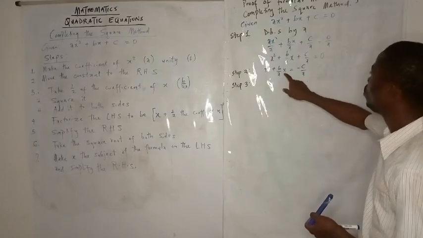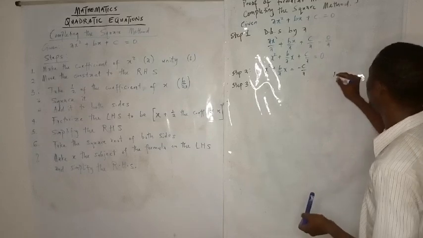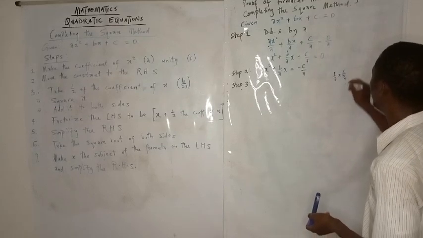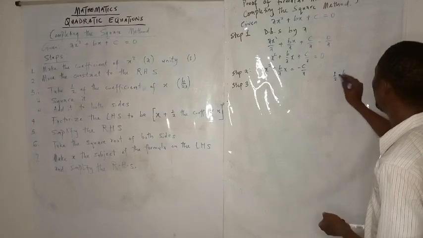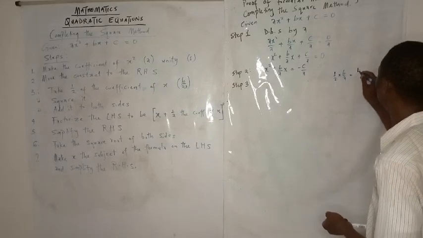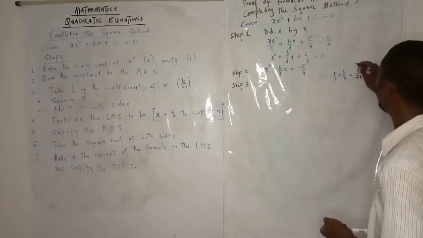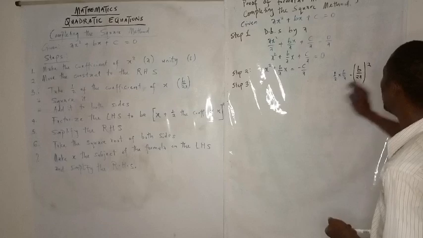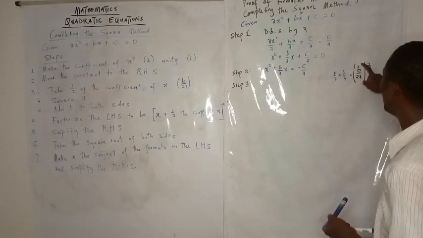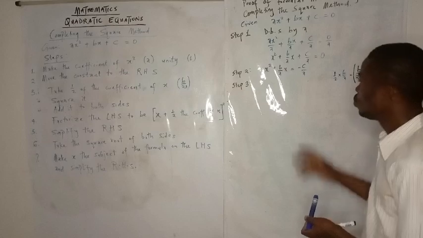So the coefficient of x is b over a, so half of it will be half times b over a, and half times b over a will give us 1 times b, which is b over 2a. So this is half the coefficient of x. We'll square it, and then this is the value we'll add to both sides. We'll add b over 2a all squared to both sides. So here we come.